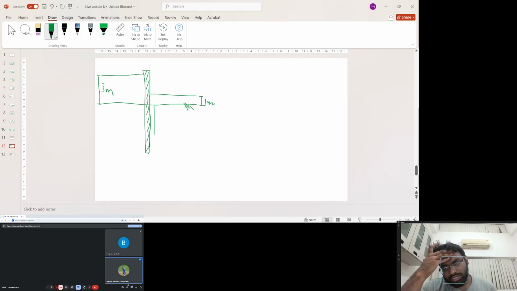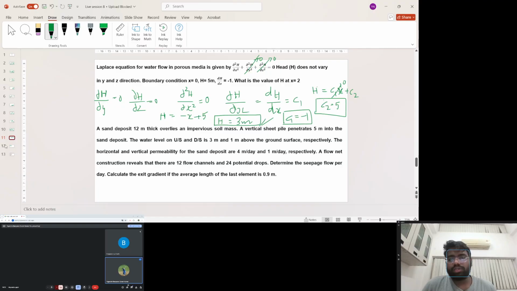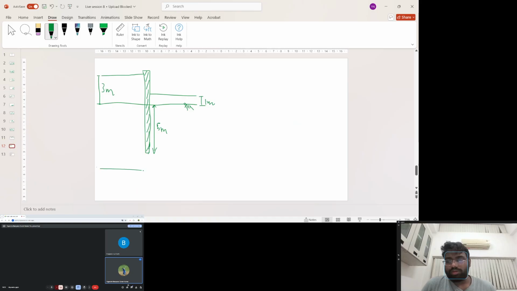Now this is extending up to 5 meters, which as far as this is concerned is immaterial. Now what other things they have given: this layer extends up to 12 meters.